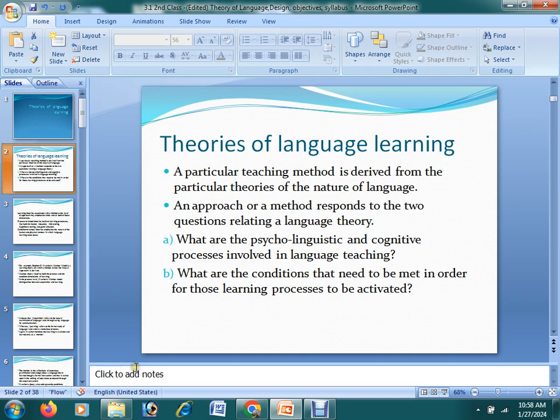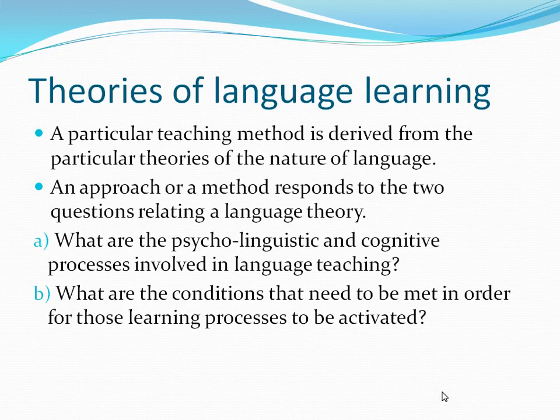And another one: what are the conditions that need to be met in order for this learning process to be activated? So one is cognitive development, another is learning condition.